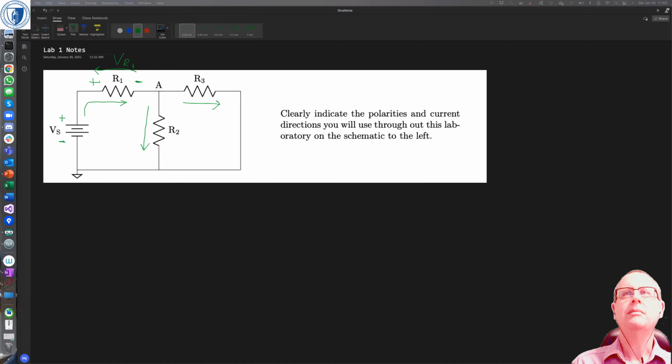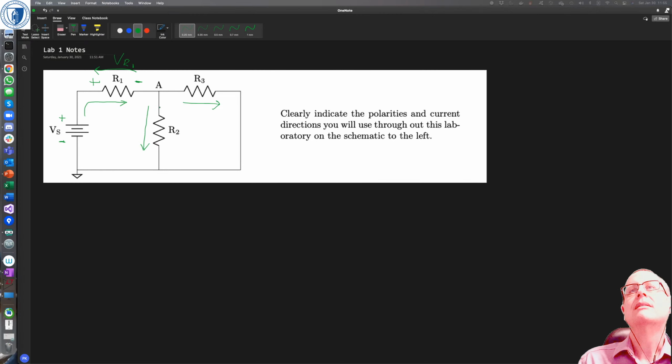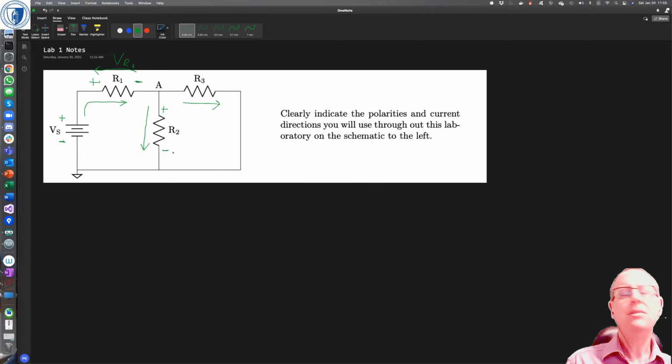I think you would put the positive on the top and the negative under that. That's correct, right? So we've got to have the current flowing into the positive and out of the negative. So for R2, to satisfy the passive sign convention, we've got to have that plus and that negative.